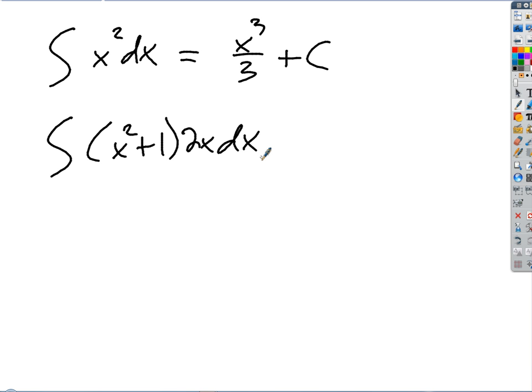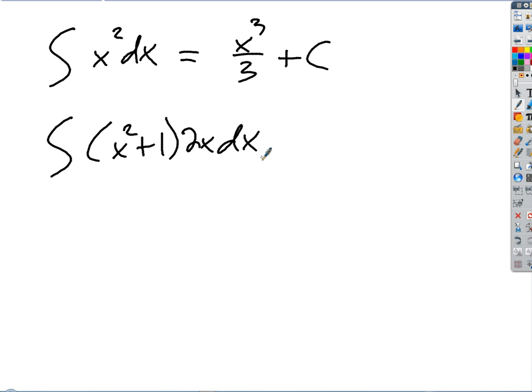I understand where that's coming from, but we can't just reverse the process. We can't differentiate a product factor by factor. We can differentiate or anti-differentiate term by term. But if there's a product of stuff here, it gets more complicated.